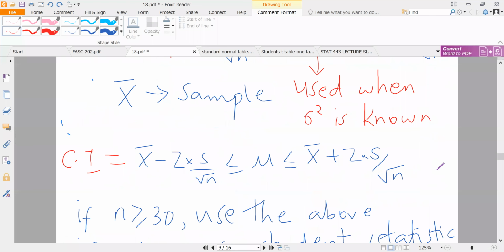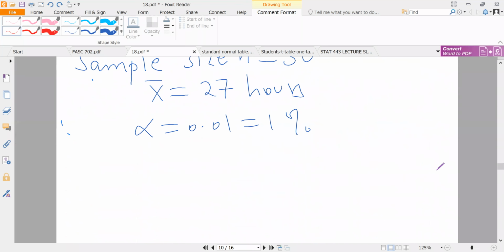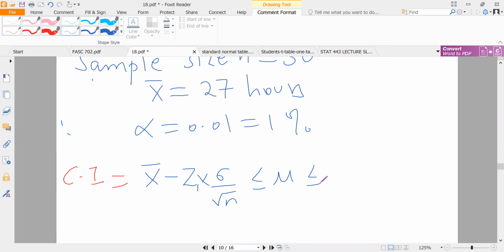So we are going to express our confidence interval to be equal to X bar minus Z1 multiplied by sigma over root N, less than or equal to mu, which is in turn less than or equal to X bar plus Z2 sigma over root N.